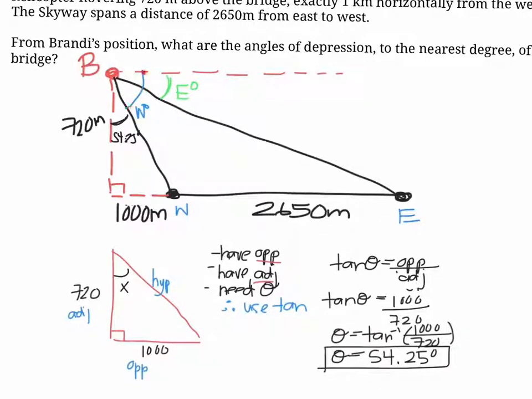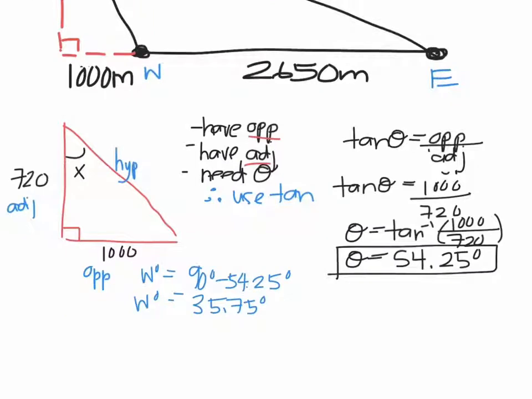So how can I find W? I'm just going to do 90 take away 54.25, and that's going to give us our W. So if we take away 90 and the angle that we just found, we get 35.75 degrees. So that's our angle W.